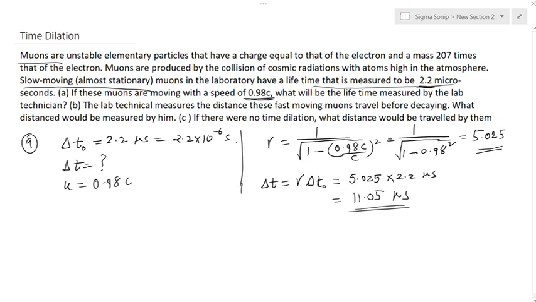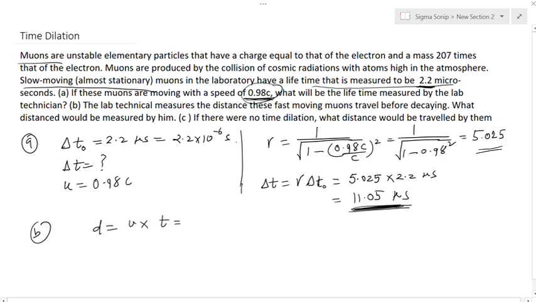Lab technicians will see the muon living for this much time on average, and in this time the muon will travel some distance. The muon is traveling with a speed of 0.98 c, and as per the lab technician, the muon lives that long. So the distance traveled by the muon before decaying is d equals speed times time.